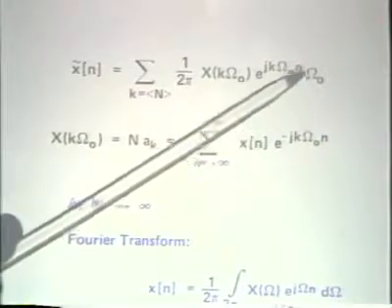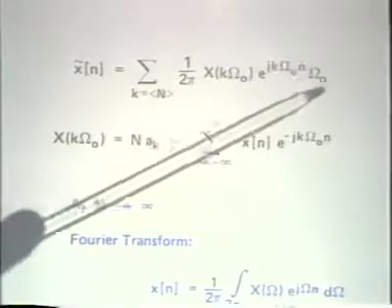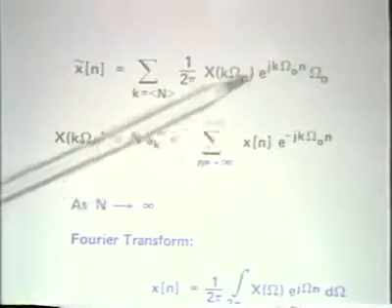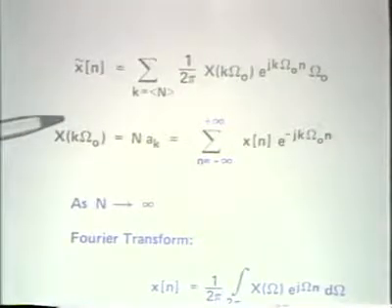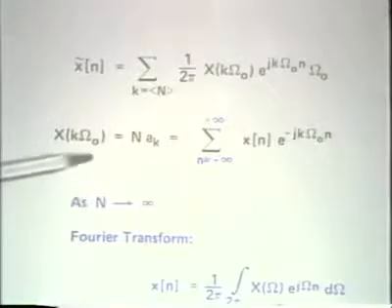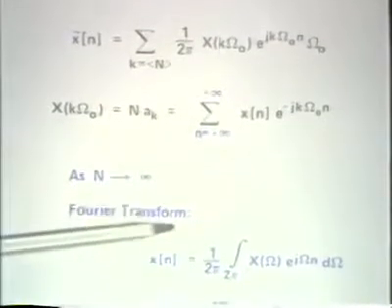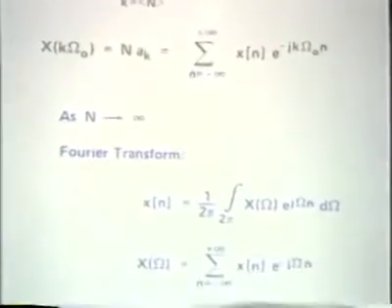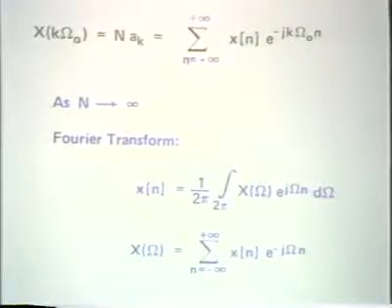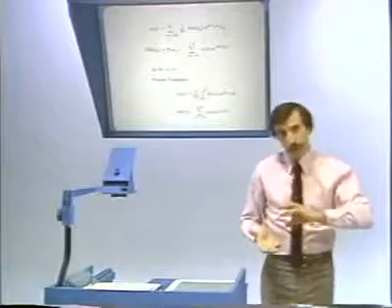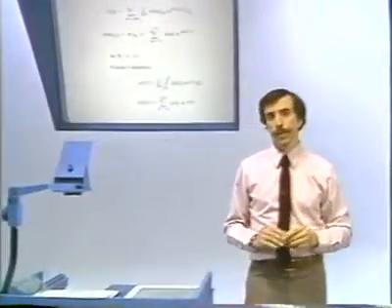Omega 0, which is the fundamental frequency, is going towards 0, in fact, becomes the differential in the integral. And in the second equation, of course, this then becomes x of omega. And as the period goes to infinity, then, what the Fourier series becomes is the Fourier transform as summarized by the bottom two equations.